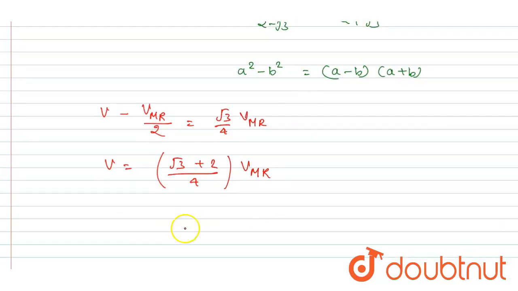Right, so from here I can write down this VMR is equal to 4V by 2 plus root 3. So again we'll do the same thing, multiply and divide by 2 minus root 3, then again in denominator we'll get that 1 and I can write down this.